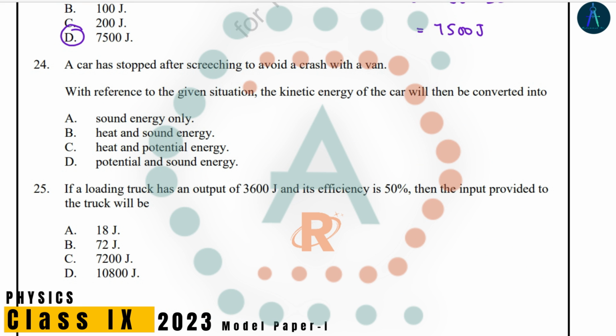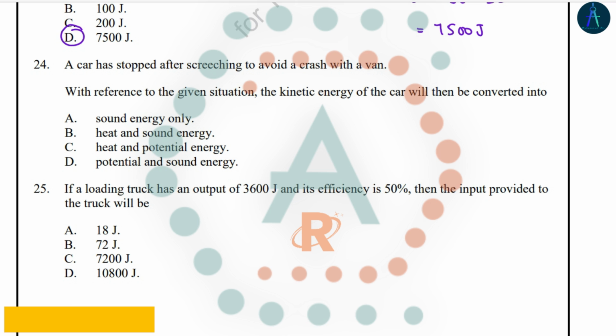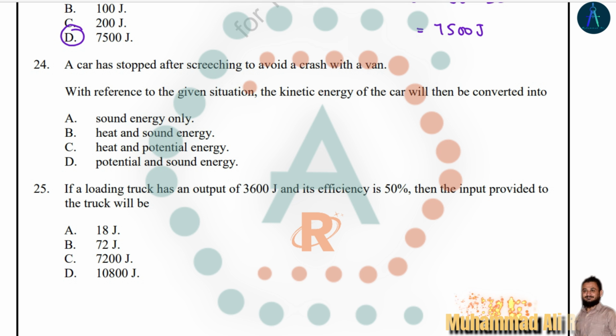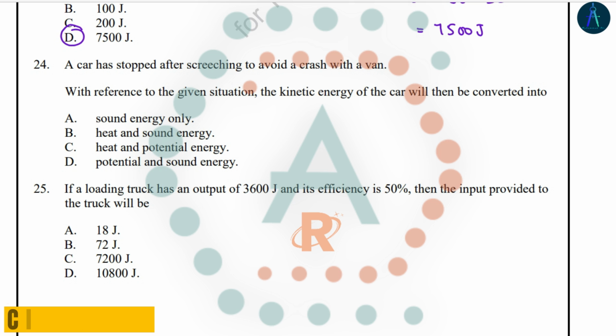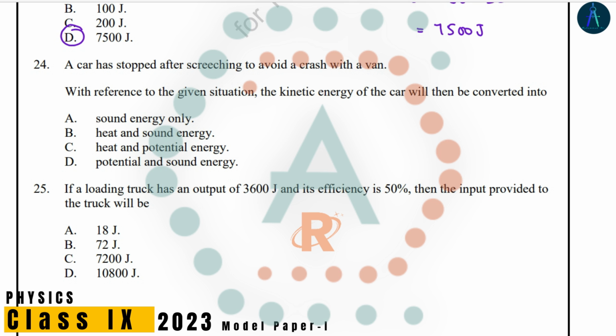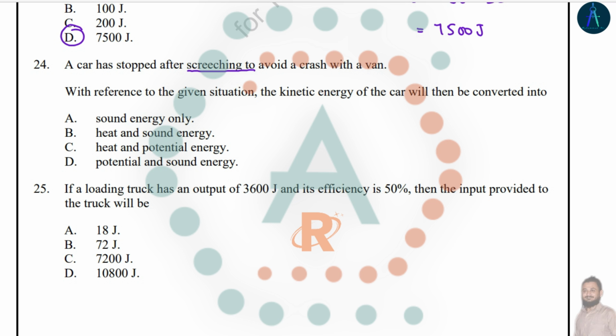Now let's see question number 24. A car is stopped after screeching to avoid a crash with a van. With reference to this given situation, the kinetic energy of the car will be converted into what form? So as we can see, the car is screeching to stop.